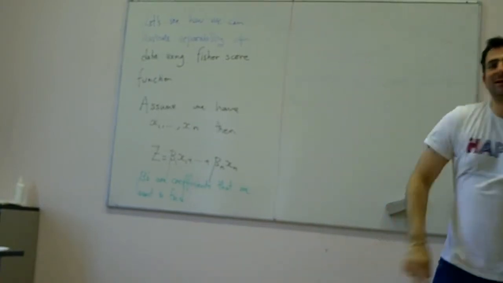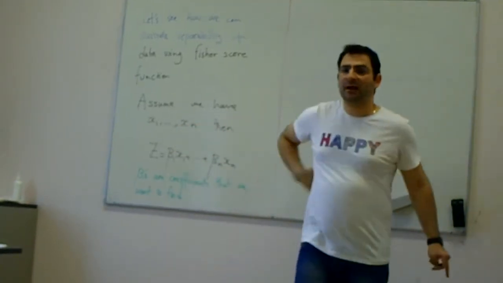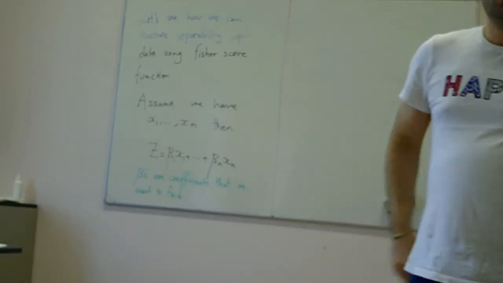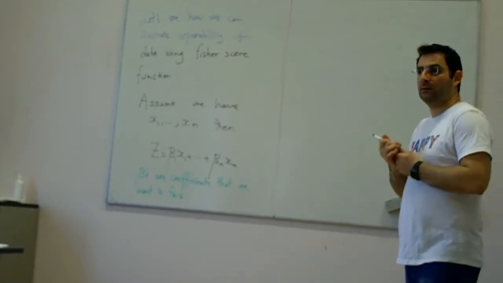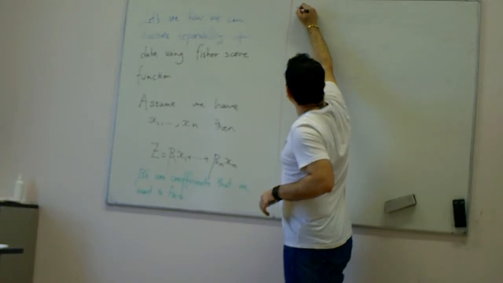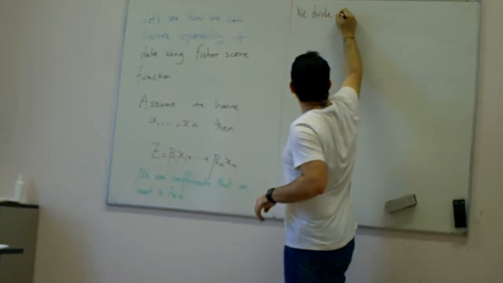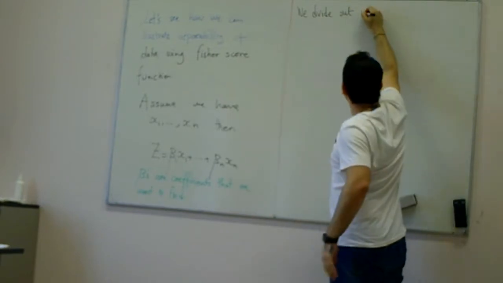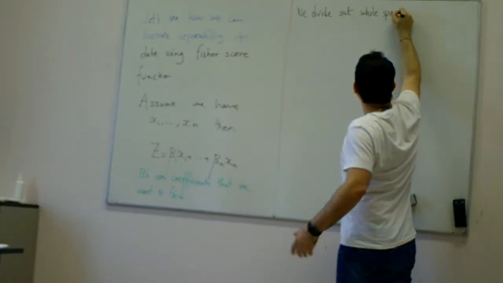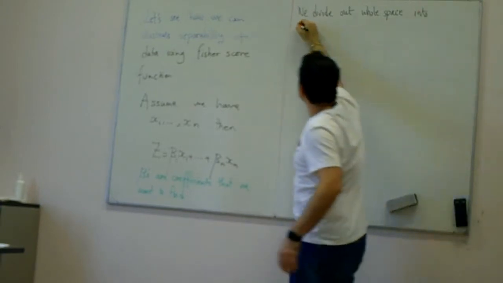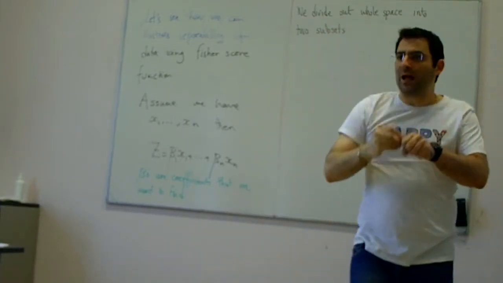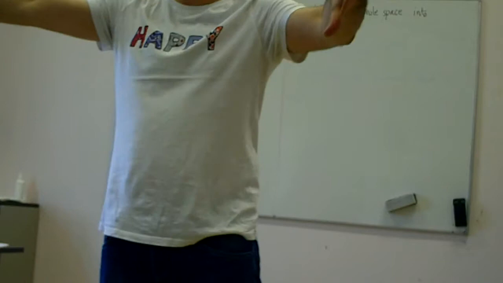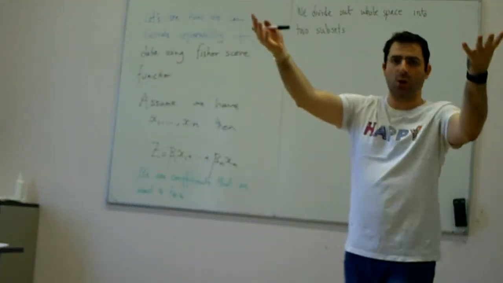So if I have two class, what does it mean? Can you interpret it for me? I have n variables, n data, n feature, whatever you like to call them, and I have two class. What does it mean? We divide our whole space or whole set into two subsets. So two class means that all the things that I have are divided into two: basket 1 and basket 2. Yes, no, right?